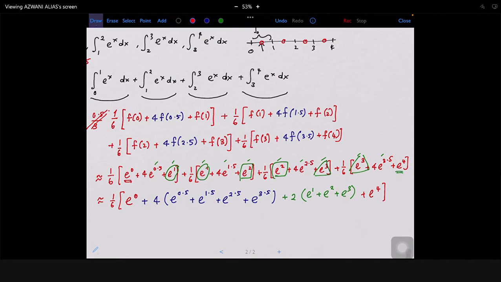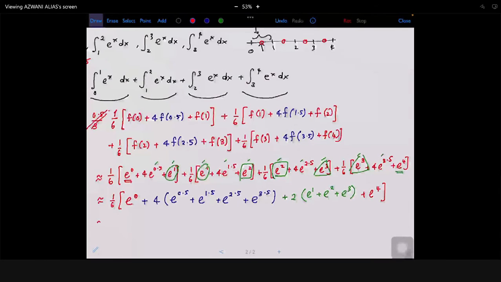So it means that kalau kita tengok point in between 0.5, 1.5, 2.5 tu adalah dia adalah the odd point. Okay, yang tu adalah even point pada titik interval. Okay, pada interval.